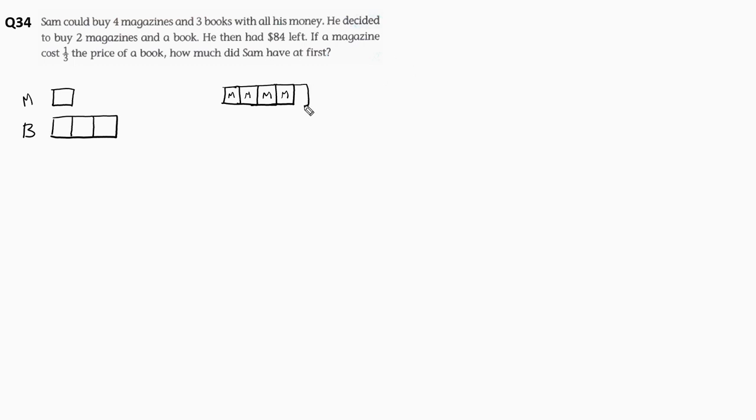Okay, so that's 1 book, and maybe I'll write book across here. That's 1 book, 2 books, and 3 books.